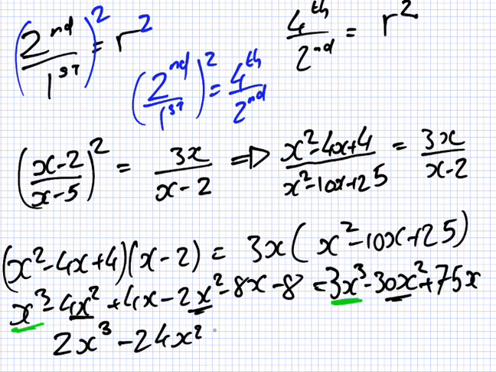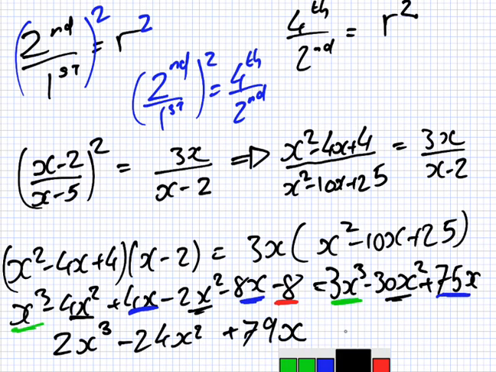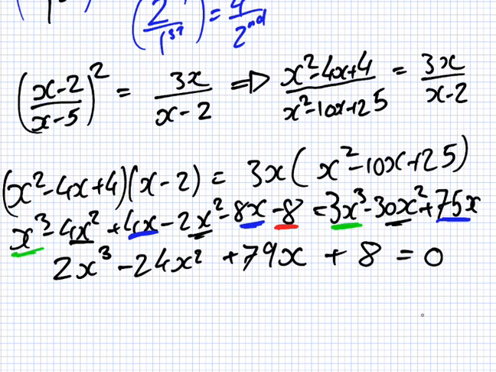Now I'll look at the x's next. That will be minus 4. When it goes to the right, it becomes plus 4 onto the 75, which makes plus 79x. And then finally, I'll look at the constants. Only minus 8. When I take that over, it becomes plus 8. All right, what type of equation is that? Cubic.